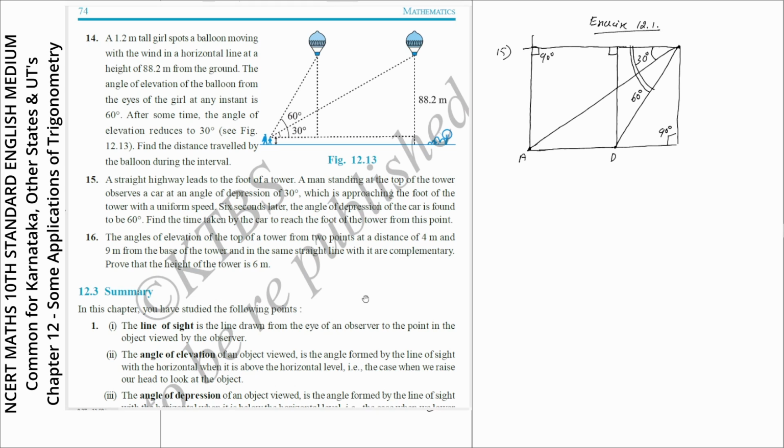Now this angle will be equal to 90 degrees. Now I'll name this point B, this point E, this point C, and this point F. Now let the height of the tower be x units. Now the car took 6 seconds to travel from point A to D.